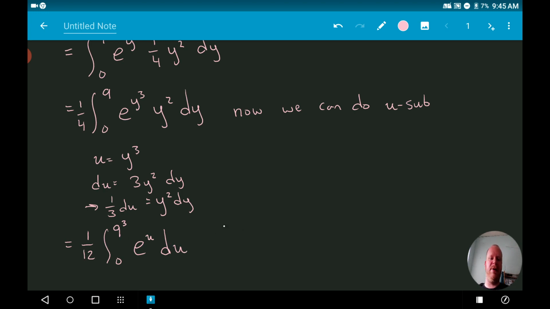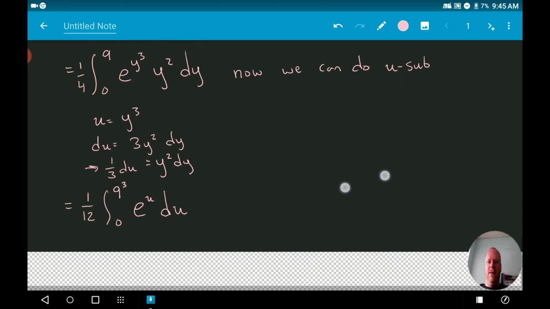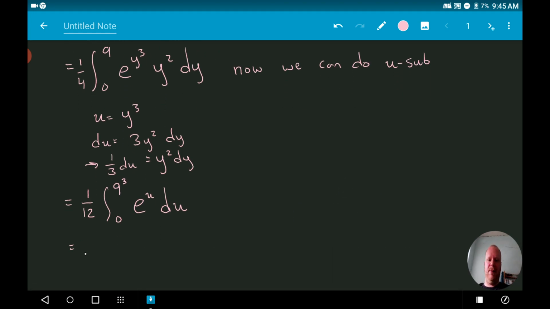That 1/3 is already taken care of over here. And that is going to be equal to 1/12 times, well, integrating this is just going to be e to the u, so this will be e to the whatever 9 to the third is, minus e to the 0, which is just 1.